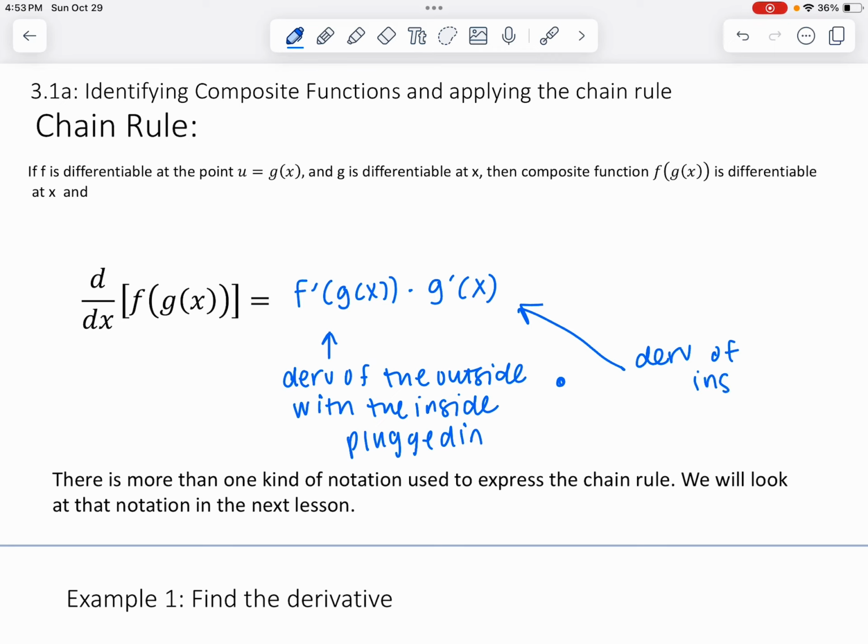Every time we do one of these problems, you need to determine what is the inside function and what is the outside function. And then we'll go from there and put all of it together.